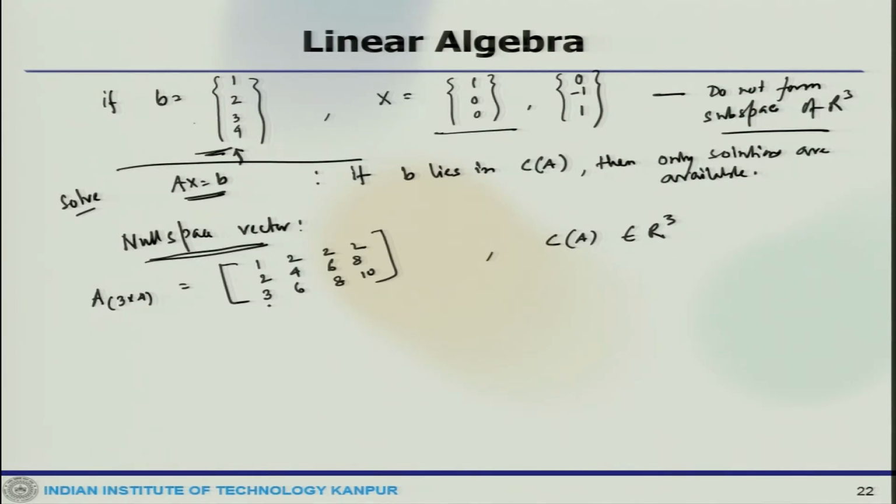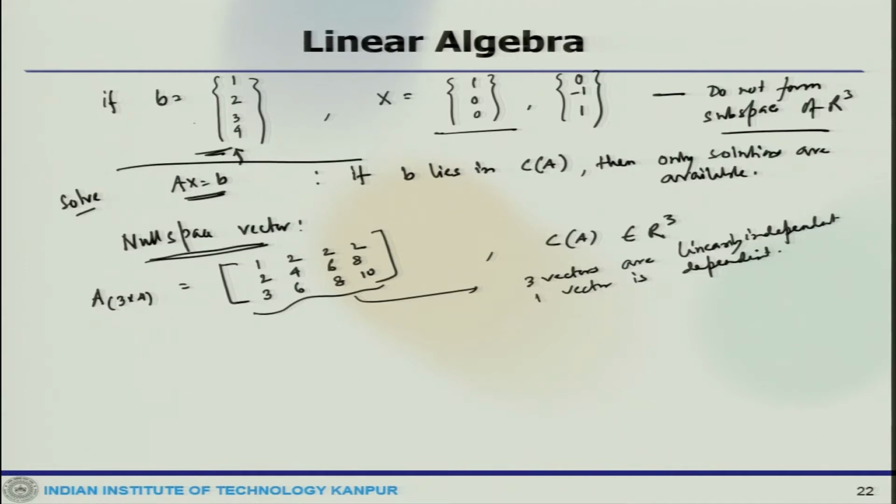If you look carefully, there are 4 column vectors, out of which 3 are linearly independent and 1 vector is dependent. That means any combination of the other 3 would form the 4th one.